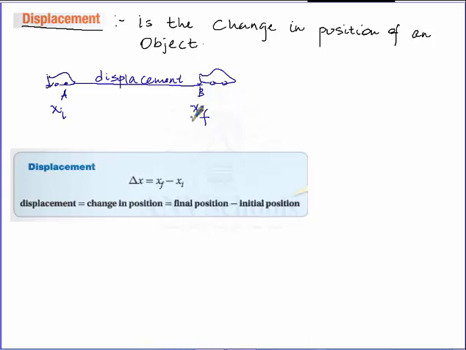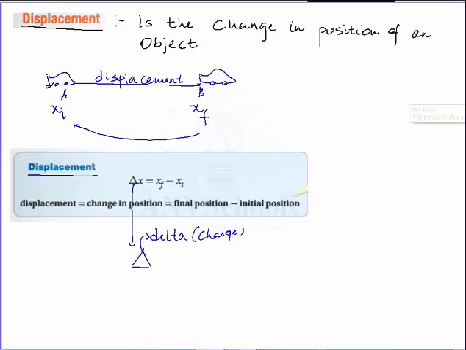So displacement is mathematically expressed by the formula delta x, which is the difference between the final position and the initial position. This triangle is called delta, which means change.